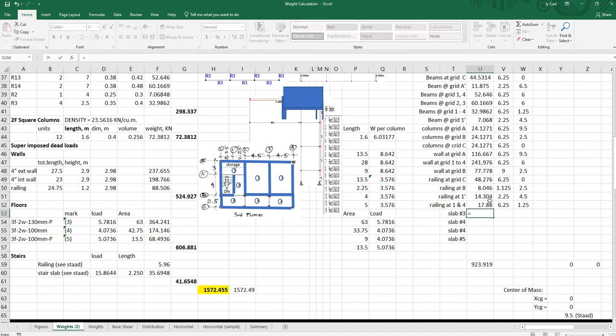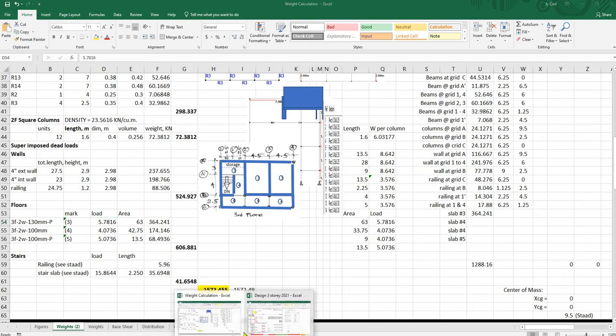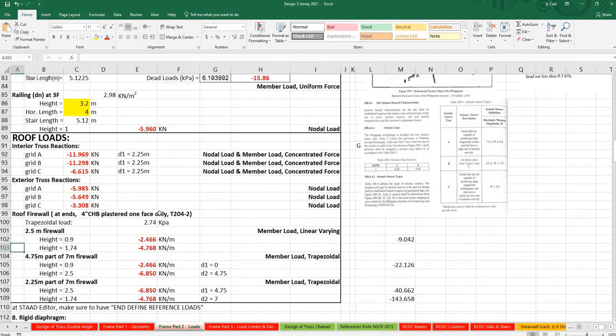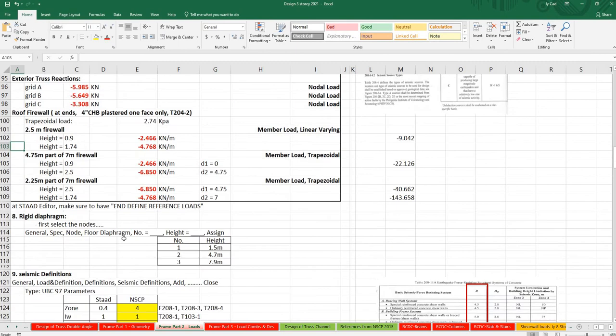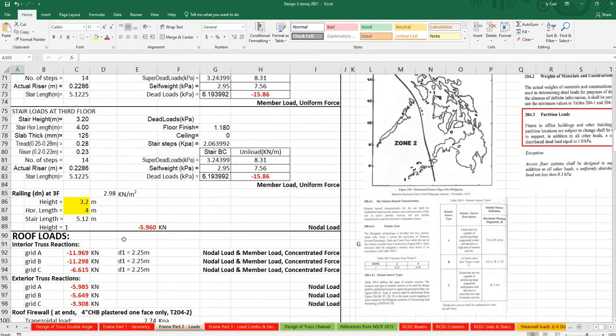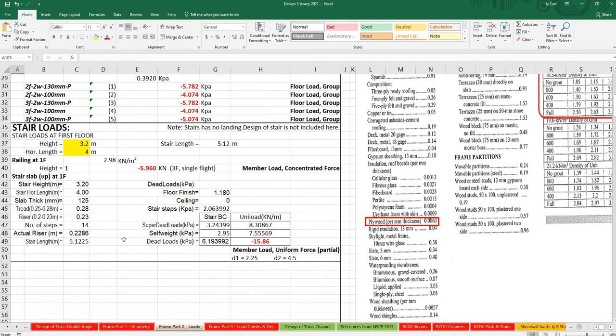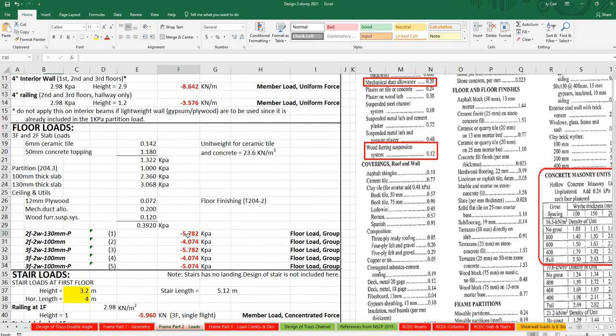The area is 9 times 7 meters multiplied by the load, which is 5.7816. That 5.7816 came from STAAD, which is the floor loads.